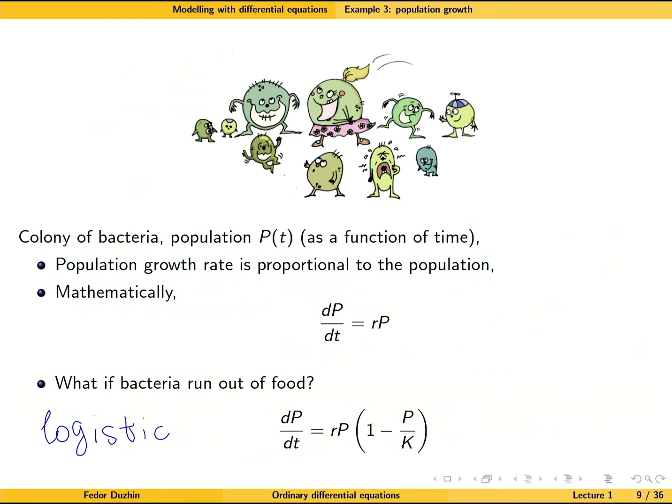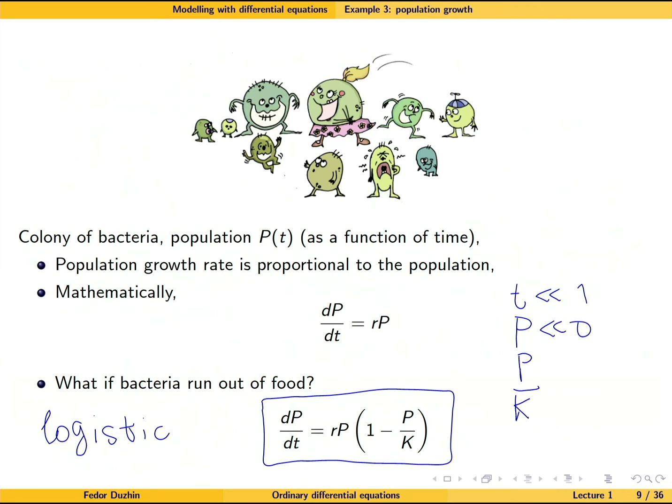So suppose that we look at this differential equation. We want to see what happens when t is small, in the beginning of the process, right? So when t is small, if t is much less than 1, then the population of bacteria is very, very small also, which means P over K is almost 0.